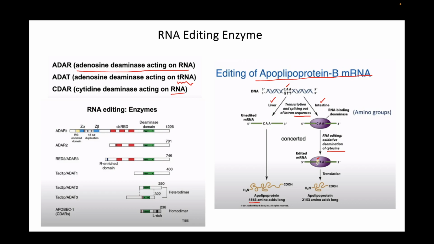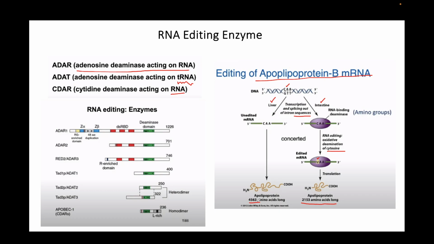Now it has become UAA, and everyone knows this edited mRNA UAA acts as a stop codon. Understood? UAA, UAG and UGA, these three are stop codons in the translation process. So after translation, it is producing apolipoprotein 2153 amino acids long, which is approximately 50% of the previous apolipoprotein.